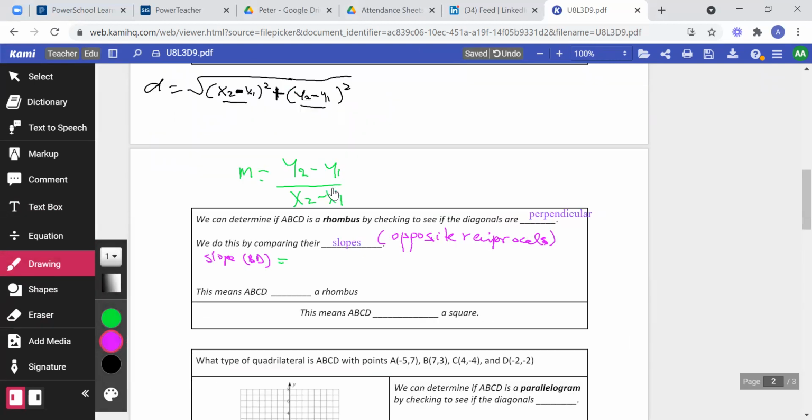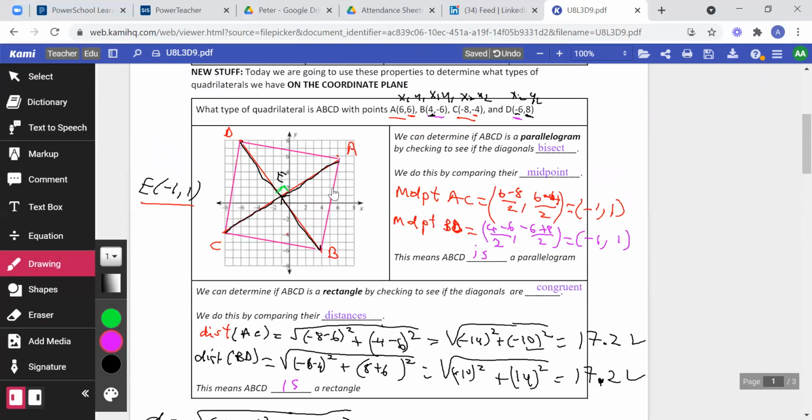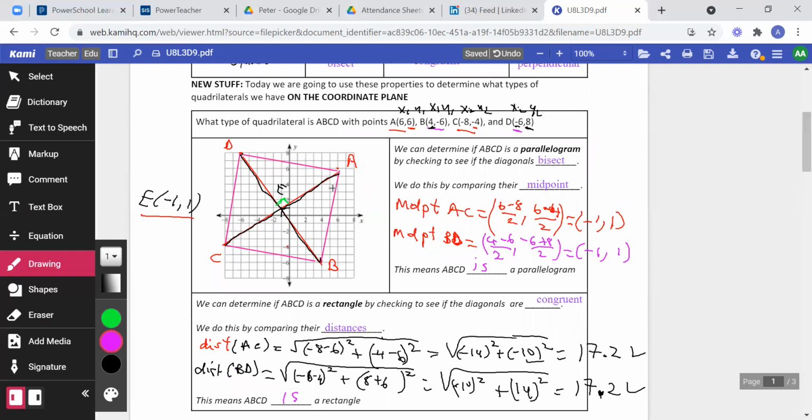Our X component, our Y component for B and D. The Y component at B is -6, and the Y component at D is 8.